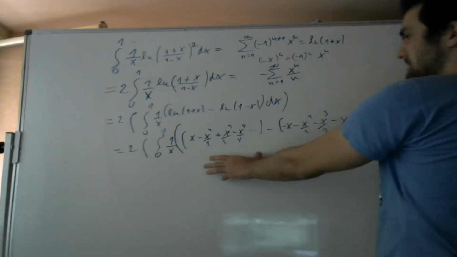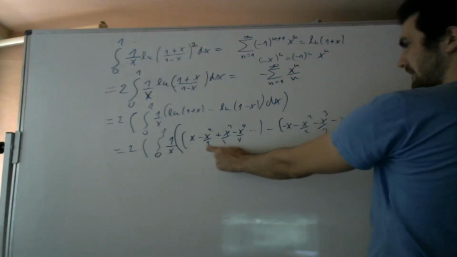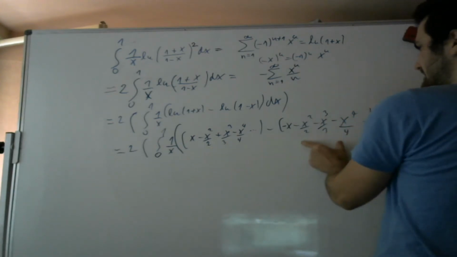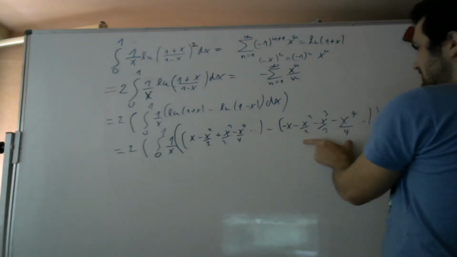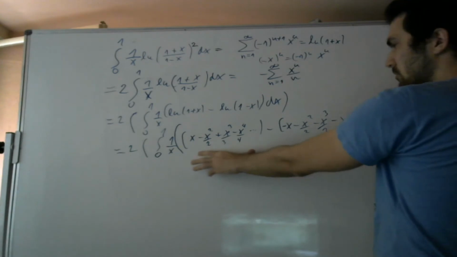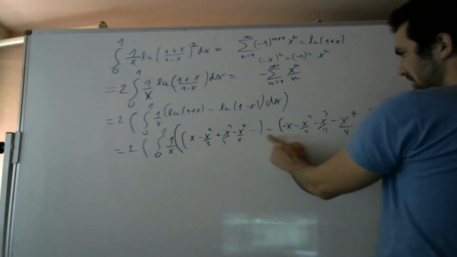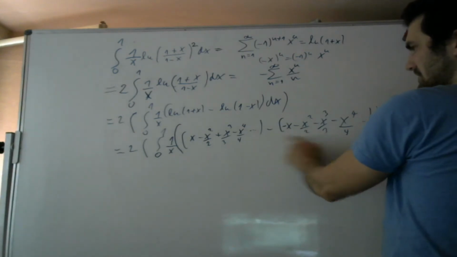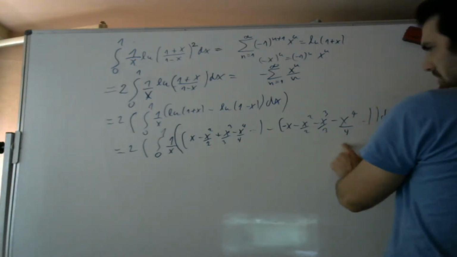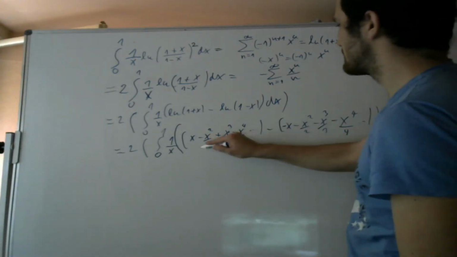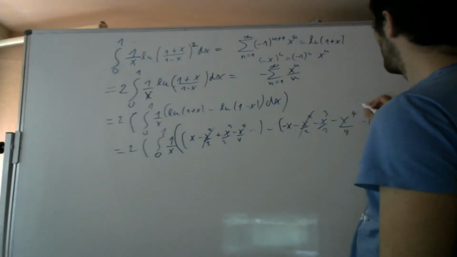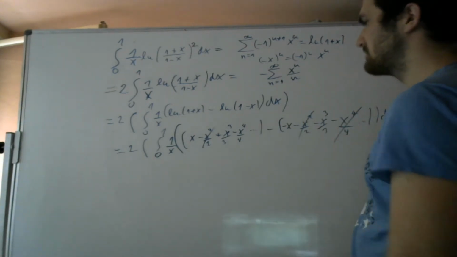The even parts are negative in the first, and because of the minus in the second, the even parts become positive. So all the even parts will cancel out, and we can cross them out and we are left with odd parts.